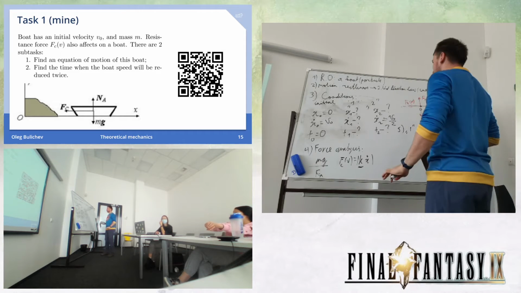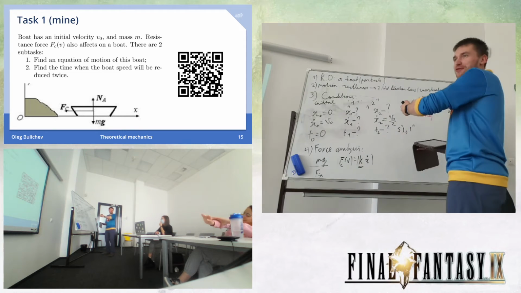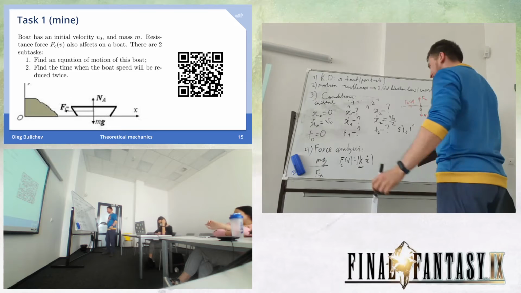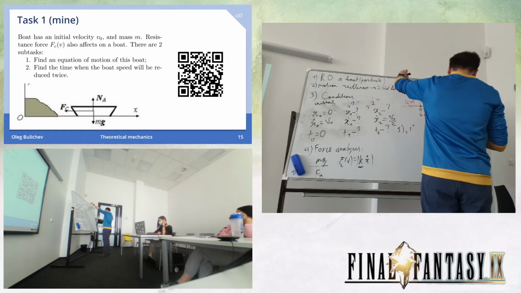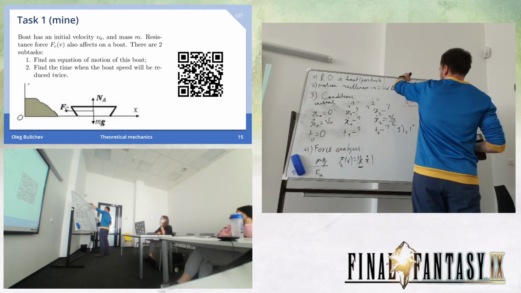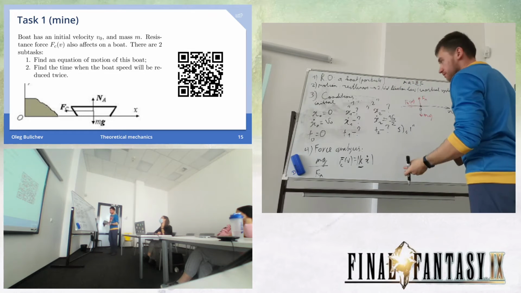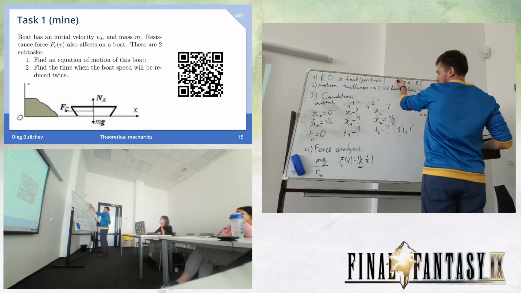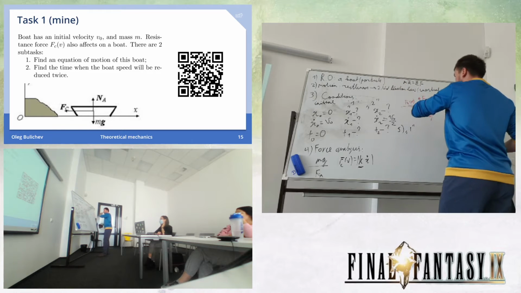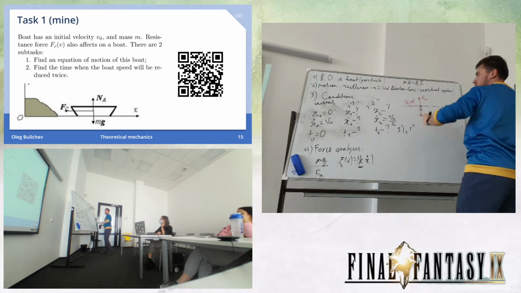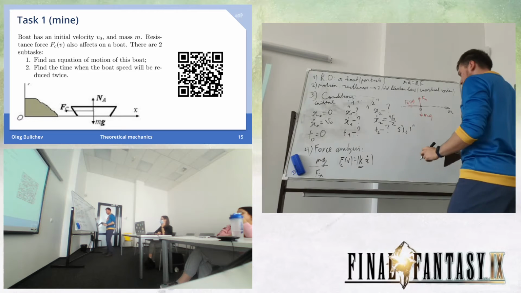Okay, don't worry. Actually, you should know it from school, as Gorchevsky told us. So I remind you of the equation: ma equals the sum of forces. m is the mass of the particle, a is acceleration, and force also is a vector.